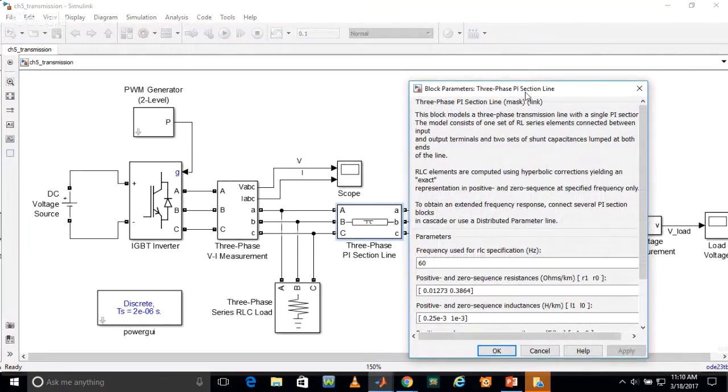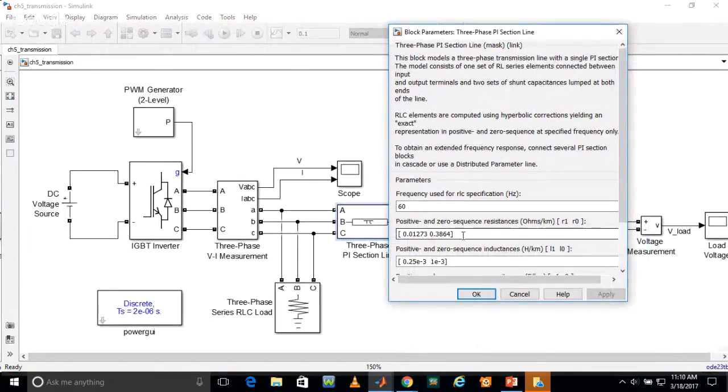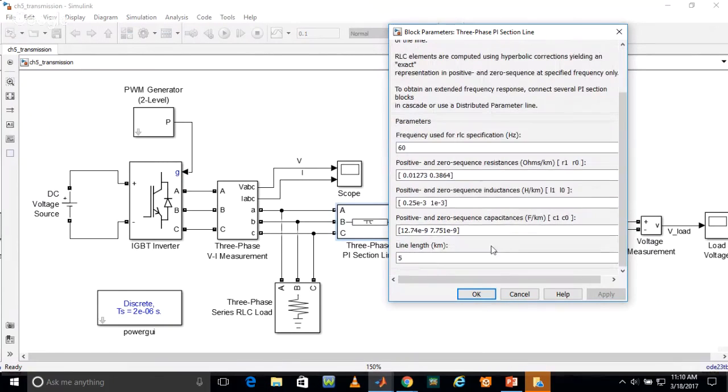In the pi section, we are providing the 60 Hertz frequency, and we are providing the inductance value, resistance value, and capacitance value present in this pi section line. And the line length given is 5 kilometer. According to your requirement, if the line length is 10 kilometer, these values will also change, right?